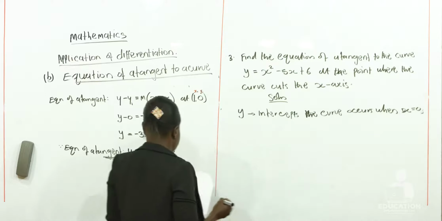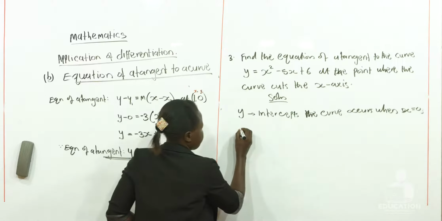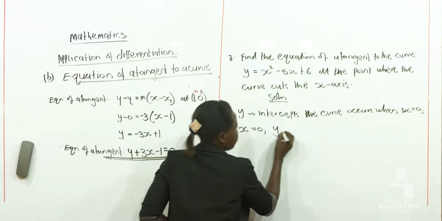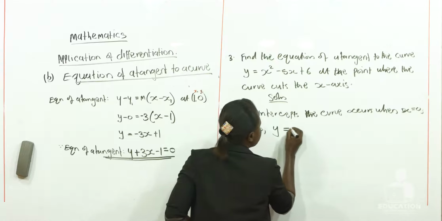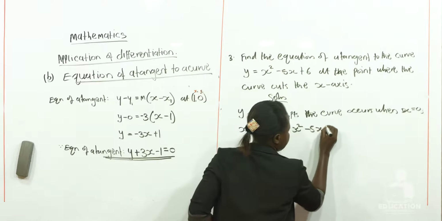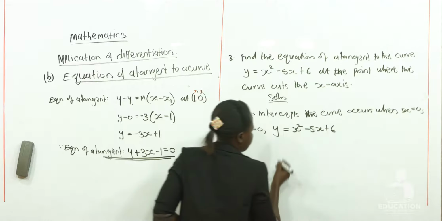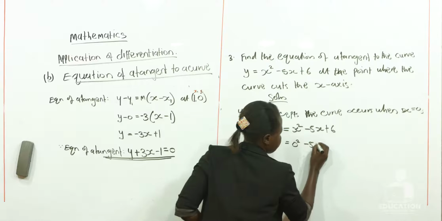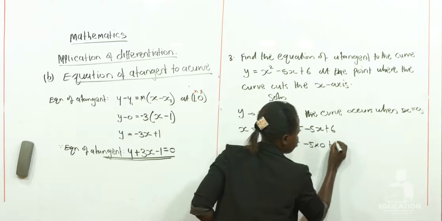Then you simply say, if x equals 0, then y, which is x squared minus 5x plus 6, will be 0 squared minus 5 times 0 plus 6.